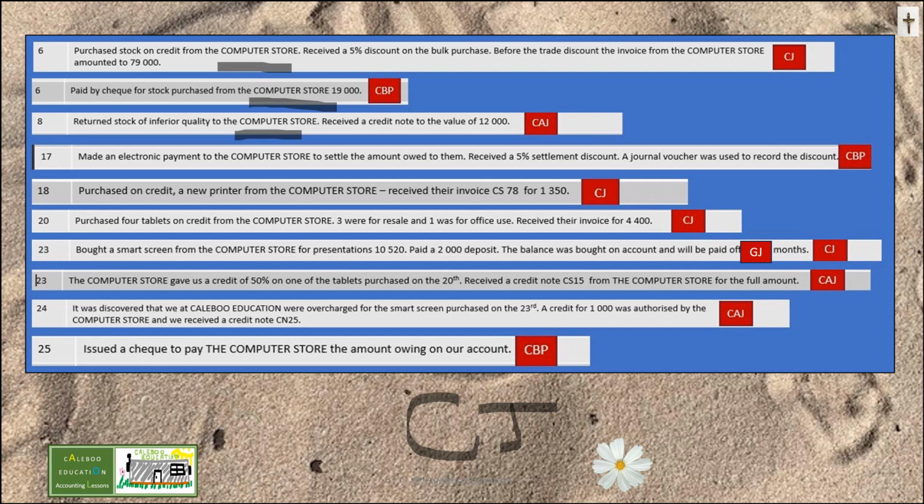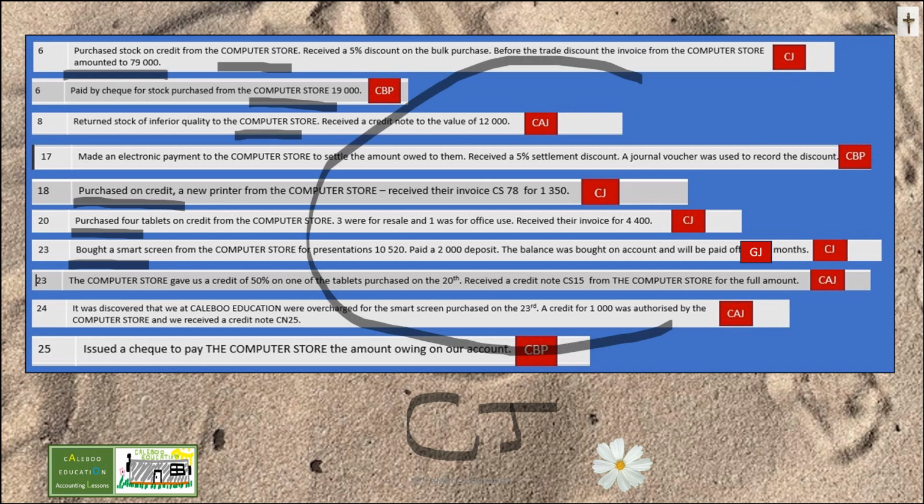And I did point out that would be the 6th, the 18th, the 20th, and then there was also, I think, the 23rd. Yes. So there were 4 transactions where we're making a purchase on credit from the computer store.